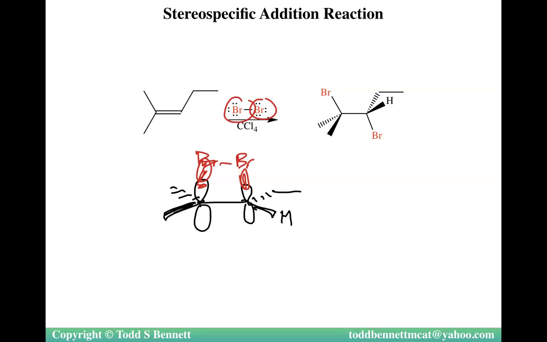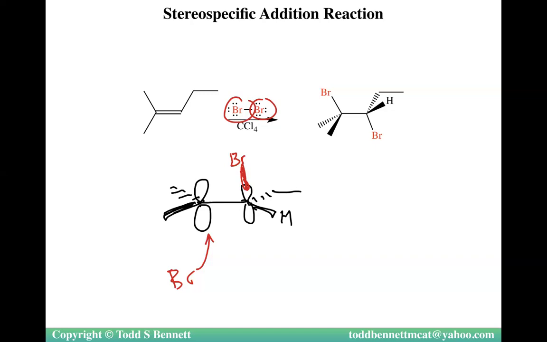So they can't be adding at the same time. So they must be adding one at a time. So one will go on first, and then the second one will come on second. And so we'll learn how this happens along the way.